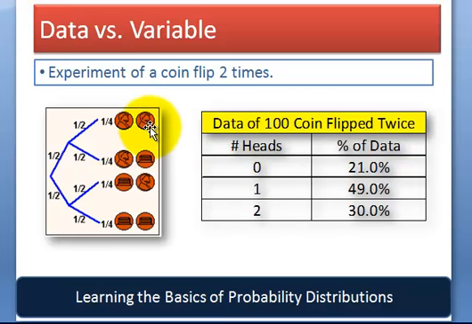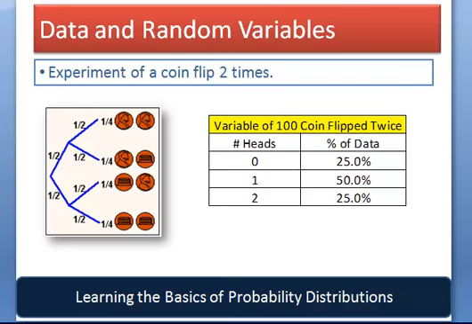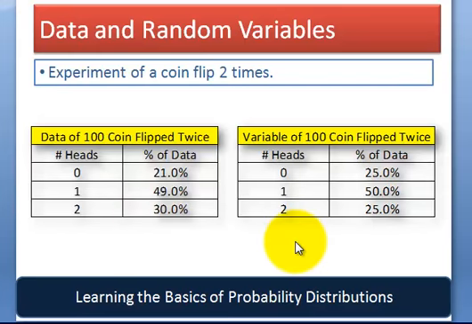Now, if we talked about the underlying variable and what is the probability of that variable, that's when we would talk about 25%, 50%, and 25%. Notice that the data and the variable probabilities, particularly as I do more and more samples, are going to align very, very closely. They're never going to be exact, but they're going to align very closely. So that's kind of the difference between data and a random variable.